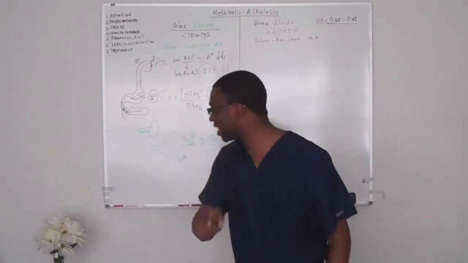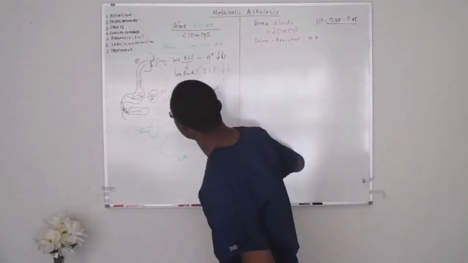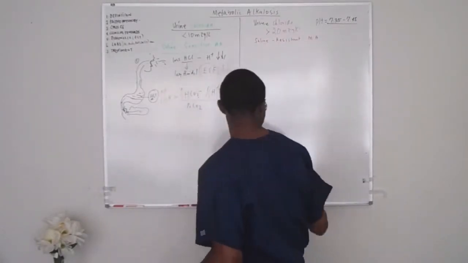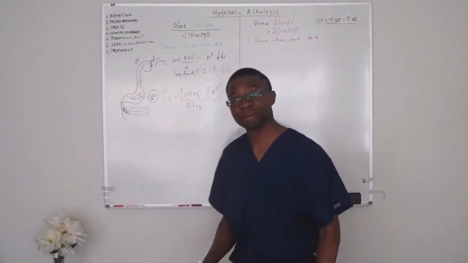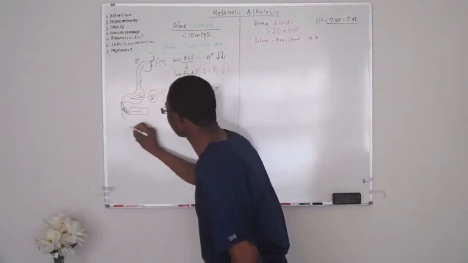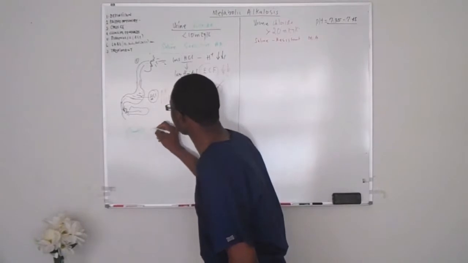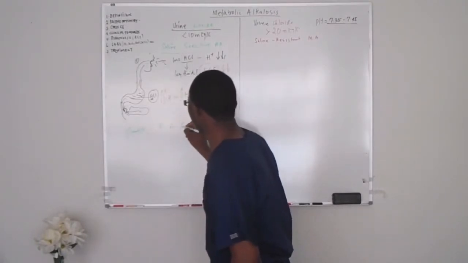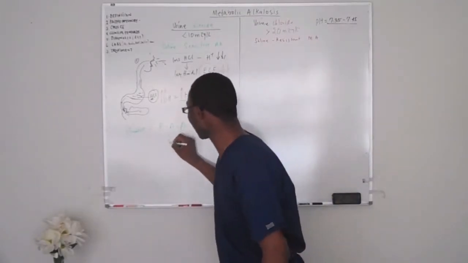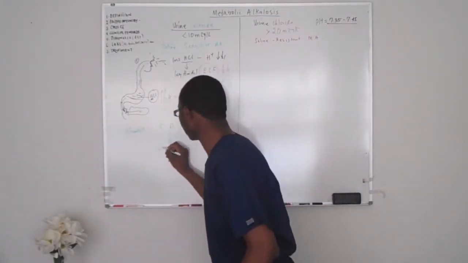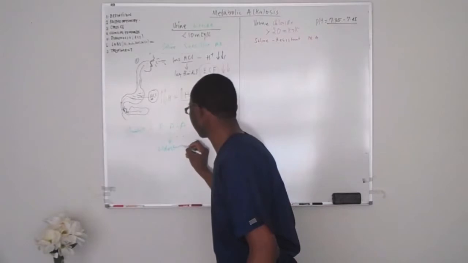Aldosterone, that is the key. Aldosterone is exactly where we're going with this. So automatically, decreased ECF will stimulate the renin-angiotensin 2-aldosterone system. That will stimulate aldosterone to be released.